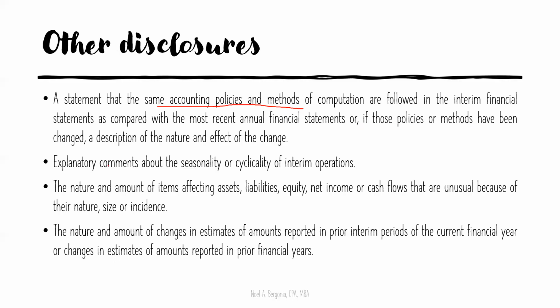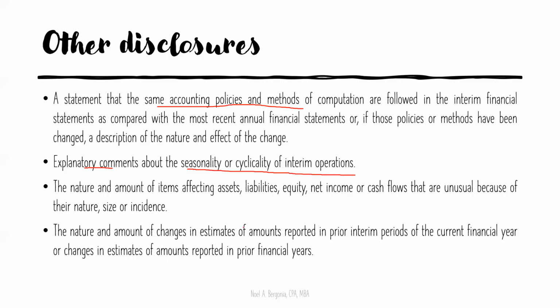Also, some explanatory comments about the seasonality and cyclicality of interim periods, because as I mentioned earlier, there would be a shoot up in your values, such as sales and expenses, during those seasonal periods when you are expecting that your business will be prospering. So you need to put an explanation on that regarding the seasonality.